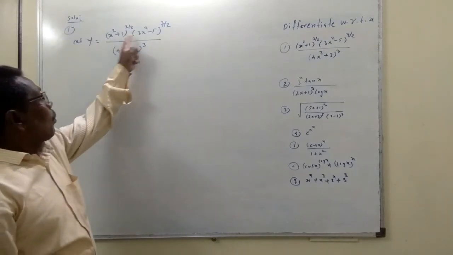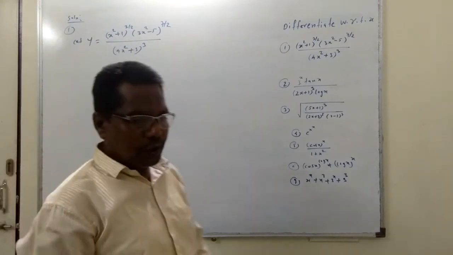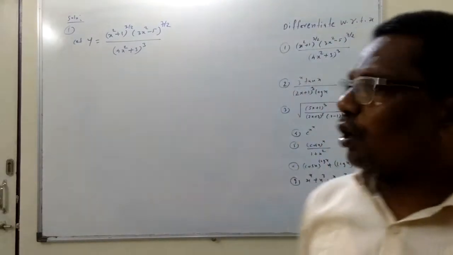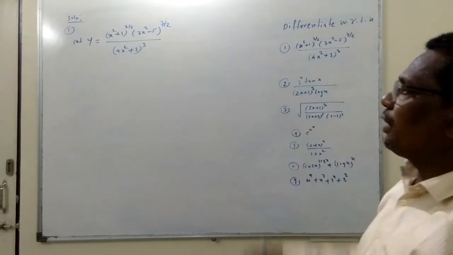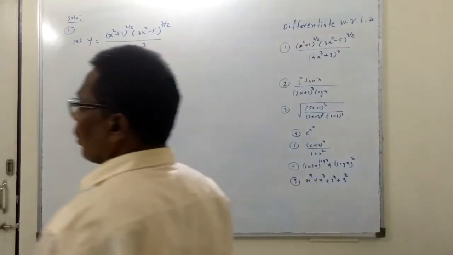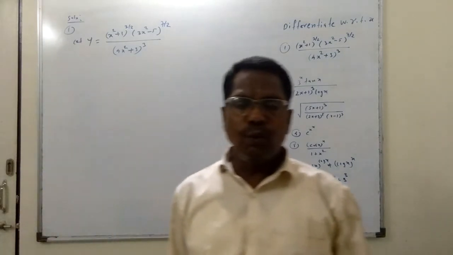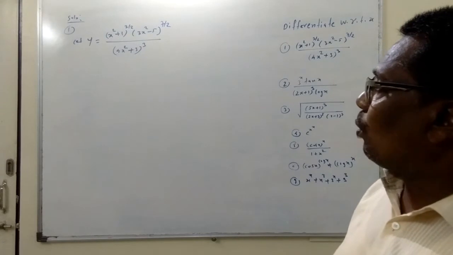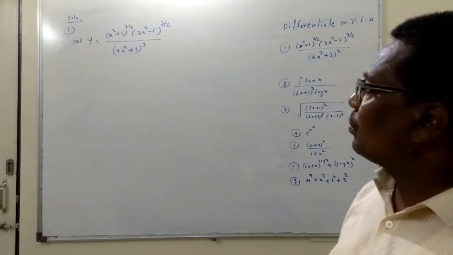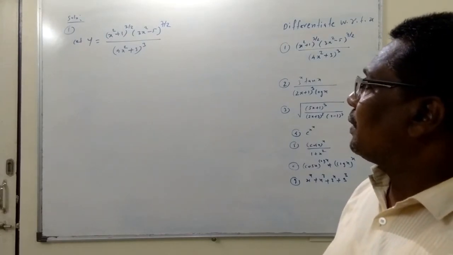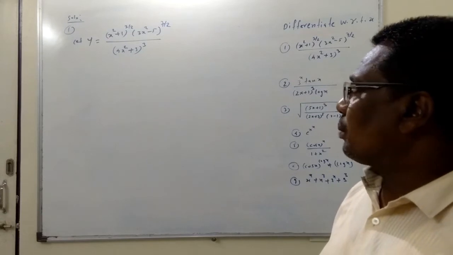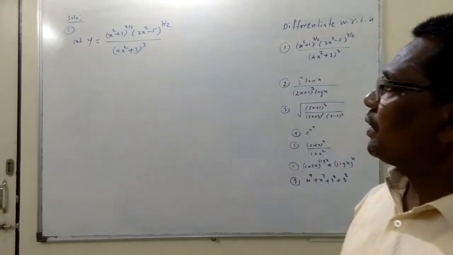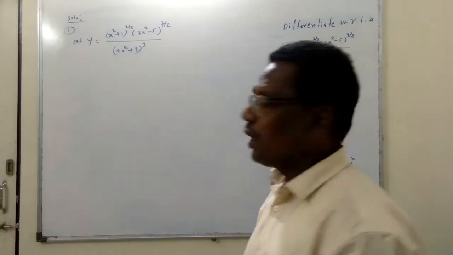Now here is a product and division of a number of functions. So if, instead of logarithmic differentiation, we take the derivatives directly, we would have to use the u upon v rule. Again, the functions are composite functions, so we need the power formula, and again the numerator is a product, so we need the product rule also.